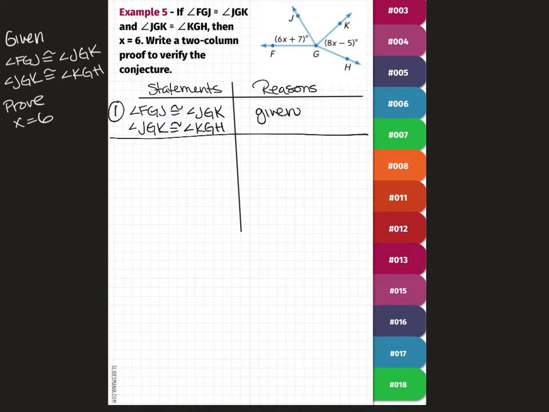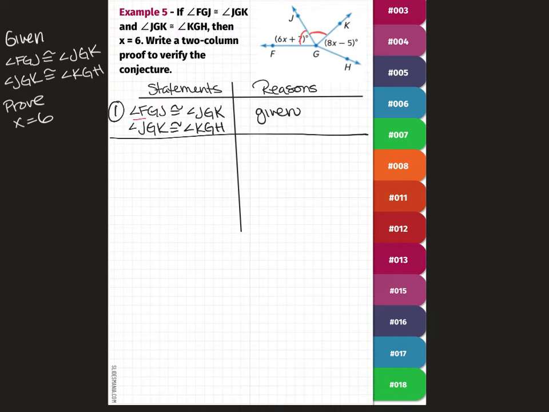The next thing I'm going to do is I'm going to actually mark this information on my picture so that I can see it every time I look at my picture. So it says angle FGJ is congruent to angle JGK.